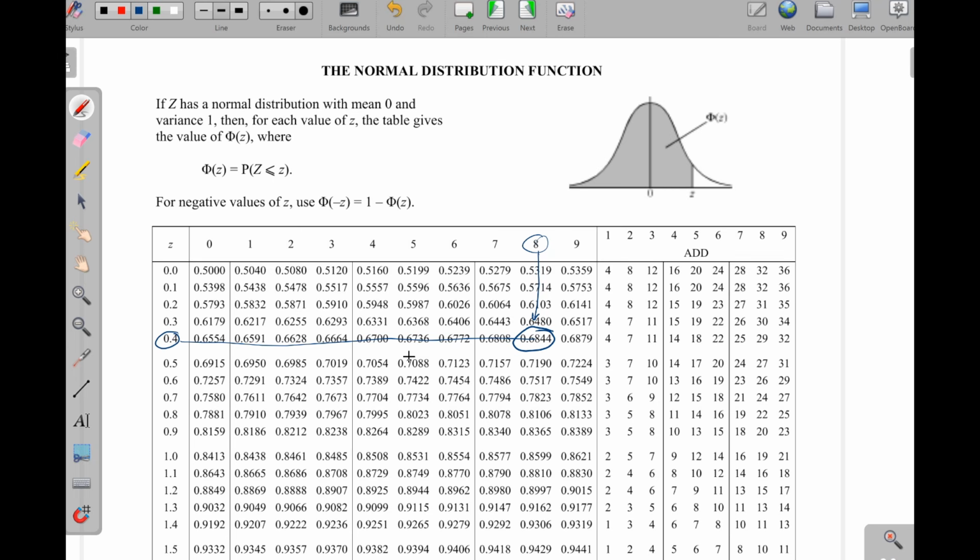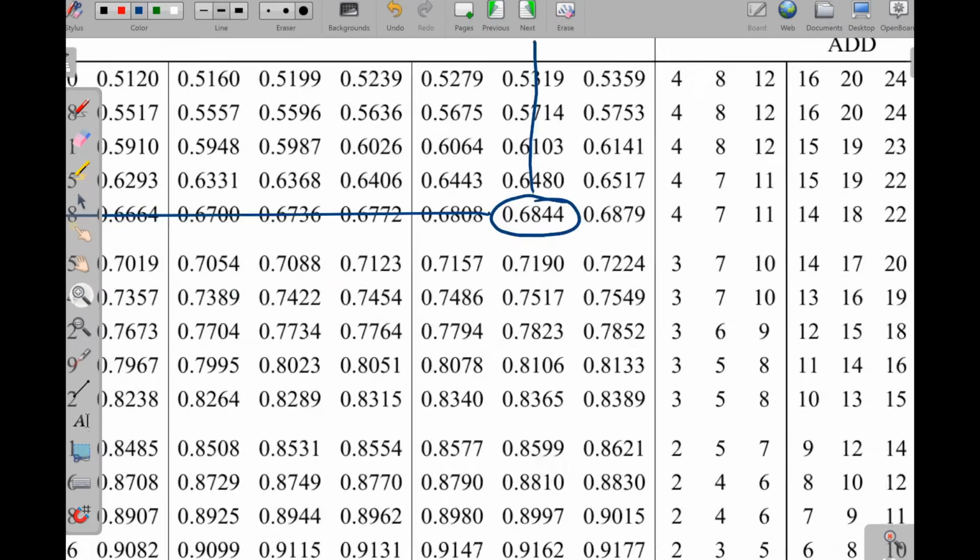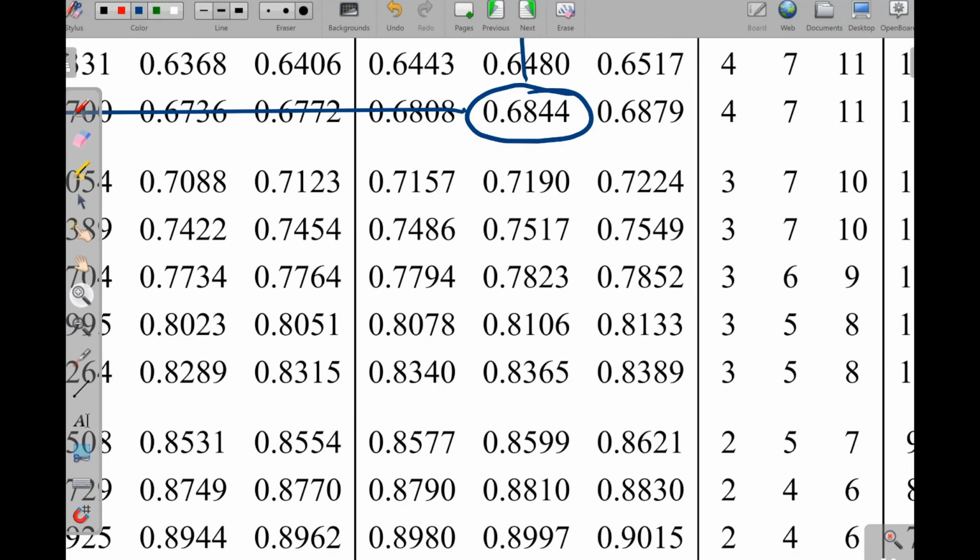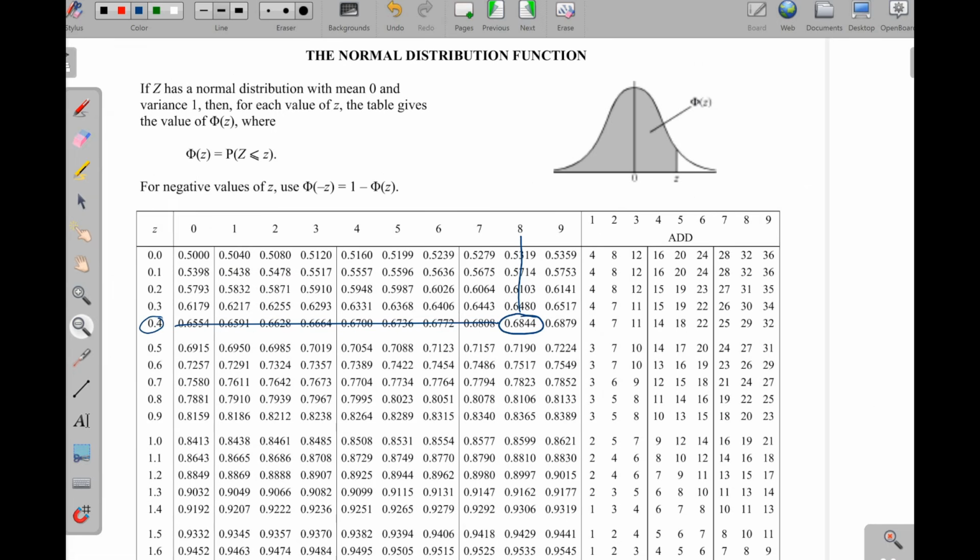So do you see that we are getting 0.6844? That is the one. So that's exactly what I've told you that you're going to have.